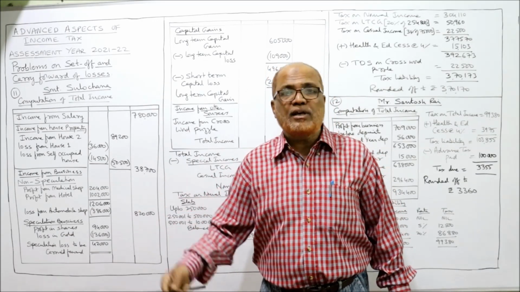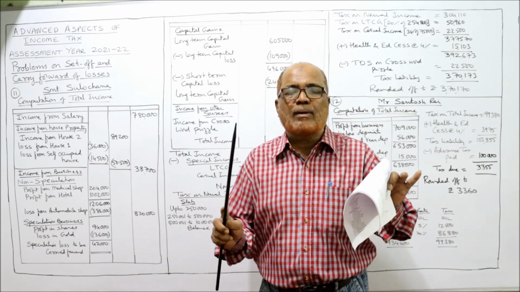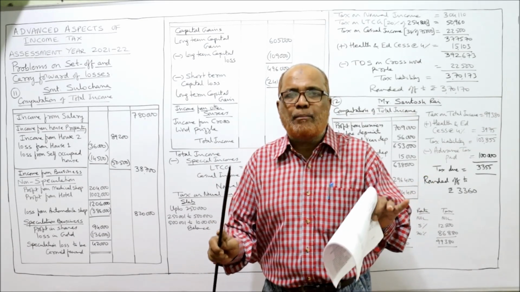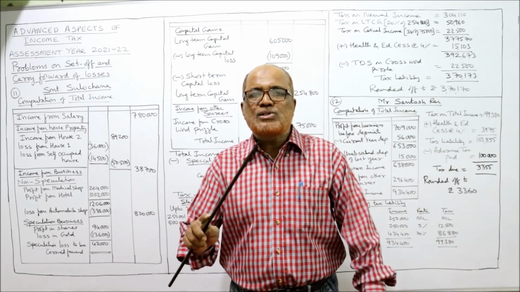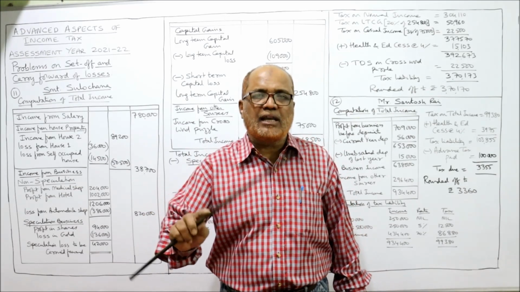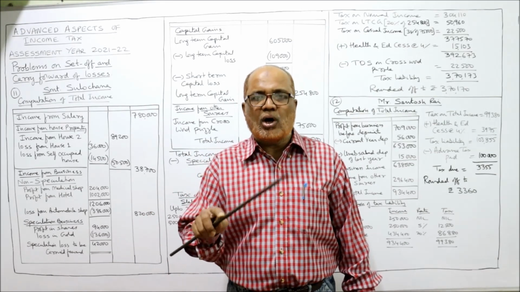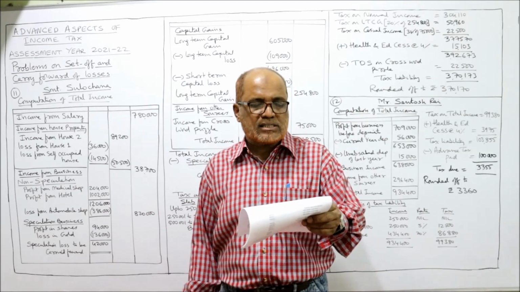For the next 4 years, it can be carried forward, and it can be deducted only from profit of owning and maintaining race horses. So presently, only a loss is given. So simply write a note that this loss cannot be set off from any other income and can be carried forward to the next year.